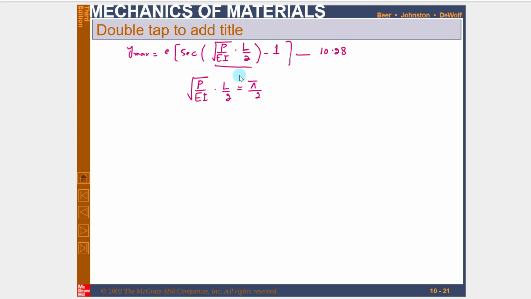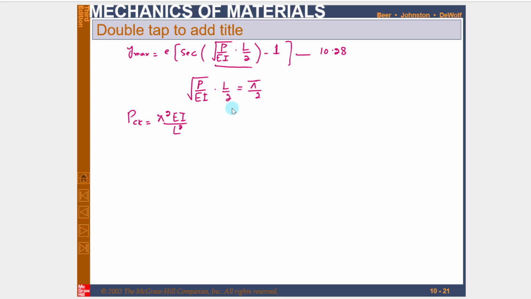While the deflection does not actually become infinite, it nevertheless becomes unacceptably large, and P should not be allowed to reach the critical value, which satisfies P critical equal to pi squared EI over L squared. I will repeat: y maximum becomes infinite when this value becomes equal to pi by 2.